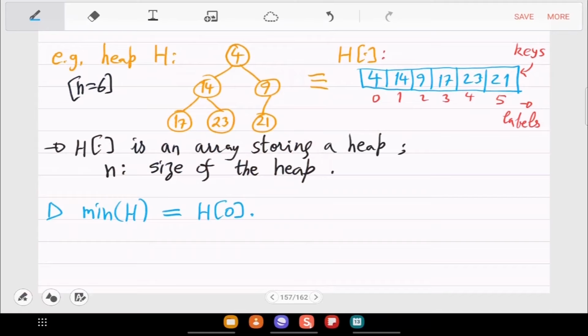So next is extract min. What do you do there? Okay, so this is far more complicated, because here you have to shorten the array.